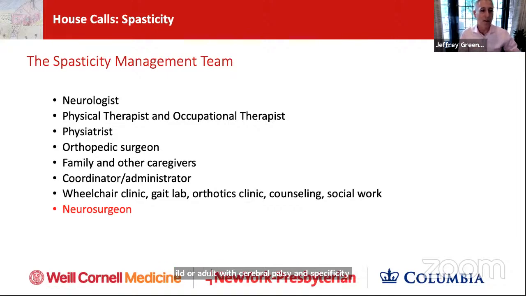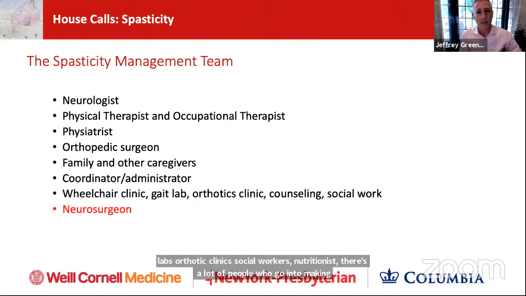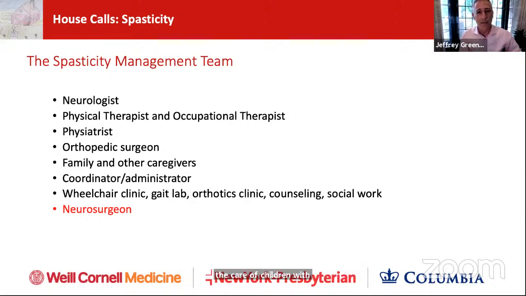Often it begins with the neurologist or physical therapist. Many of you will first get diagnosed through the pediatrician's office, which isn't even on here. But then between the physiatrists, orthopedic surgeons, so many people in labs, orthotic clinics, social workers, nutritionists, there's a lot of people who go into making the care of children with disabilities less stressful on caregivers and helps to make the lives more comfortable and productive for those who are affected.